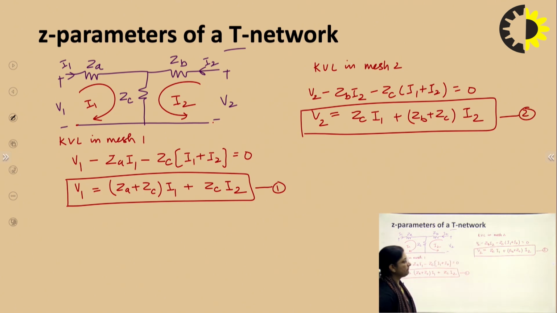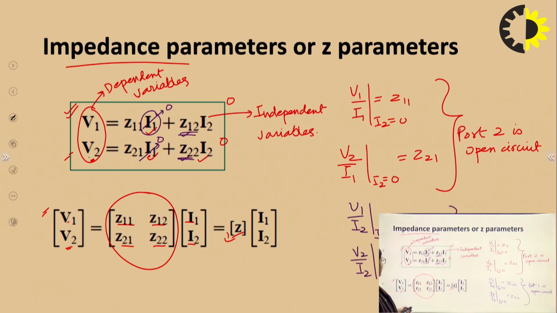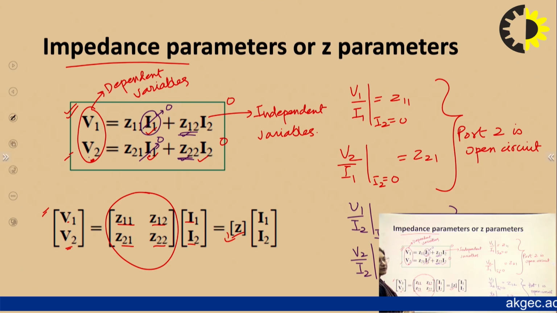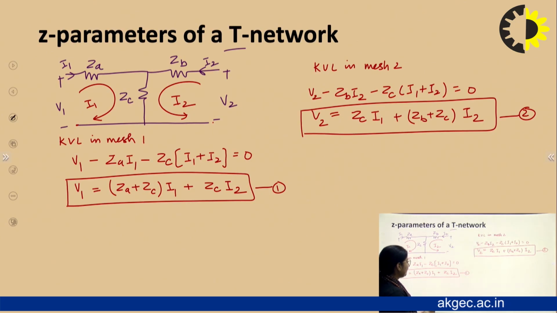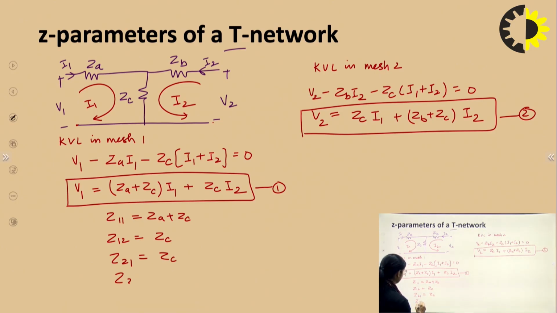Now, if I compare these two equations with the standard Z parameter equations, which were written in slide 1, V1 equals Z11 I1 plus Z12 I2, V2 equals Z21 I1 plus Z22 I2, I can say Z11 equals ZA plus ZC, Z12 equals ZC, Z21 equals ZC, and Z22 equals ZB plus ZC.